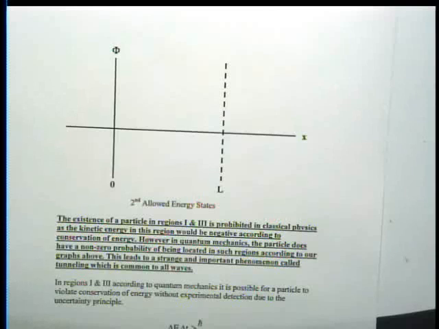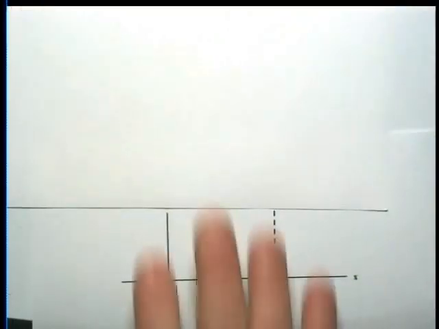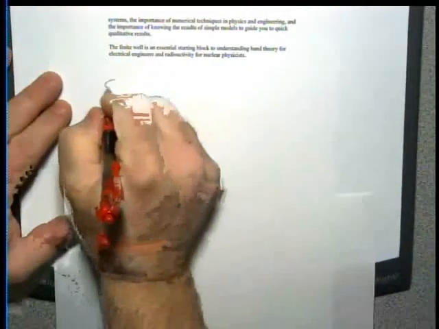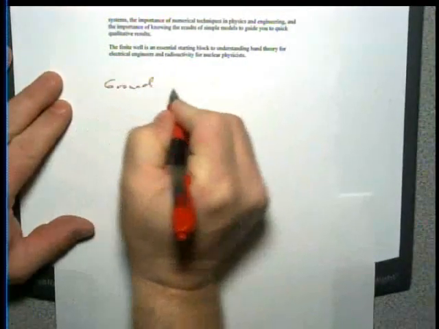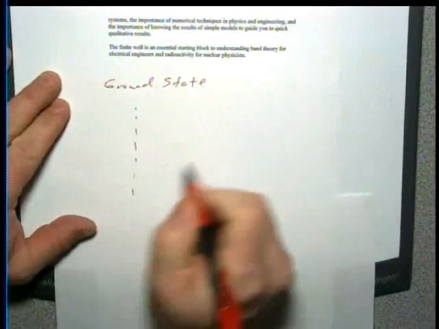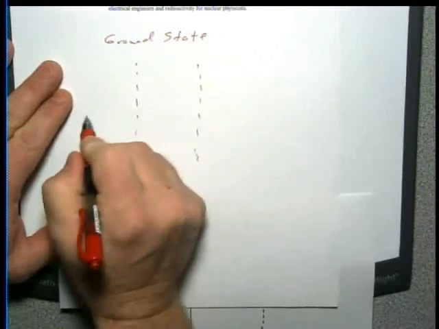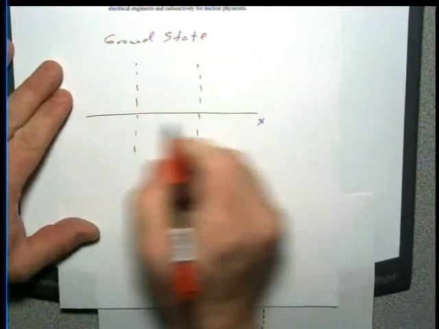So if I was drawing the ground state here, let's just do that first. There's x.